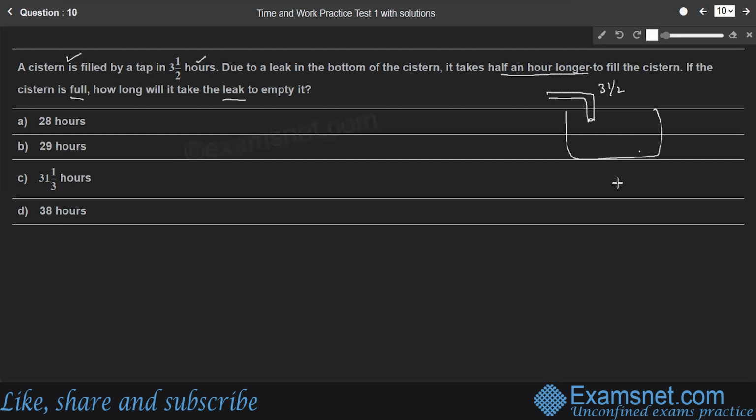But due to a leak at the bottom, it takes half an hour longer to fill the cistern. That means the tap takes 3.5 plus half, which is 4 hours to fill the cistern.